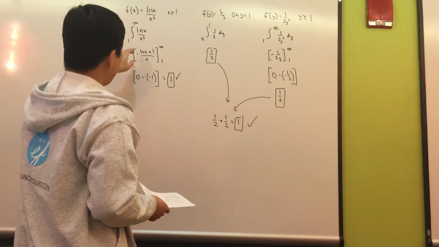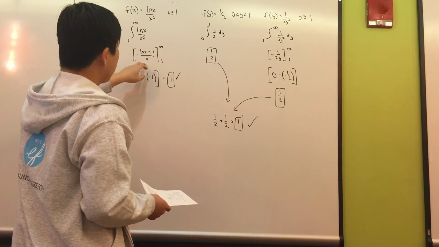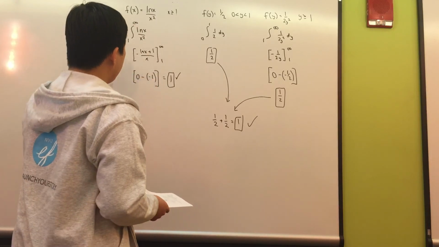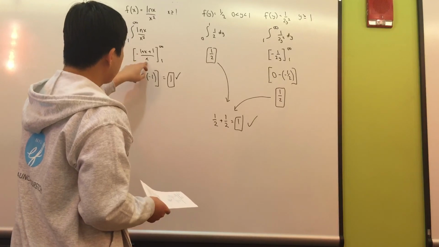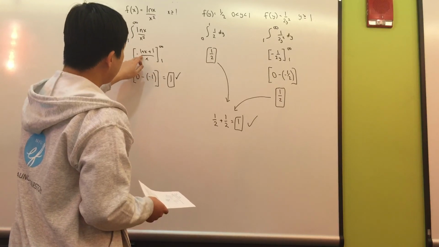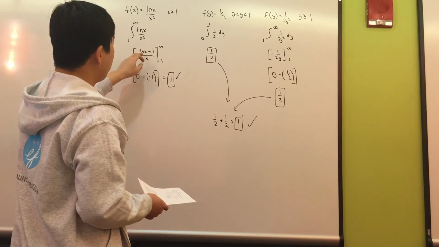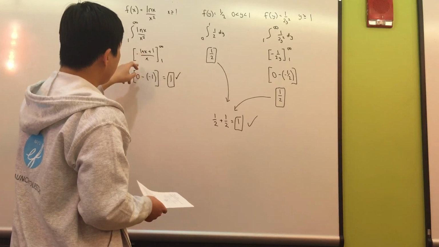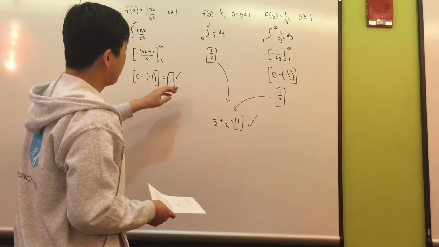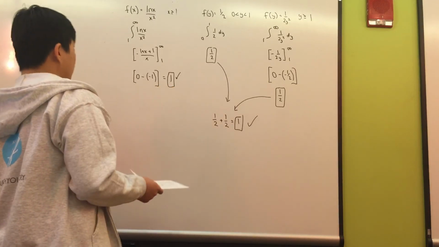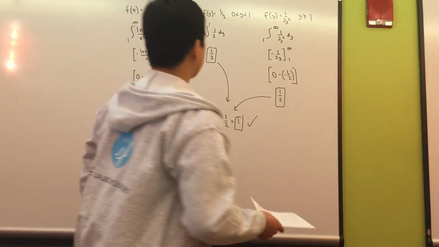So we end up with negative ln of x plus 1 divided by x from 1 to infinity. And so at infinity, this function is equal to 0 because x increases at a higher rate than ln of x does. And at 1, ln of x goes to 0, so it just becomes 1 over 1. But it's negative, but we're subtracting a negative 1, it becomes 1. So therefore, f of x is a valid density function.